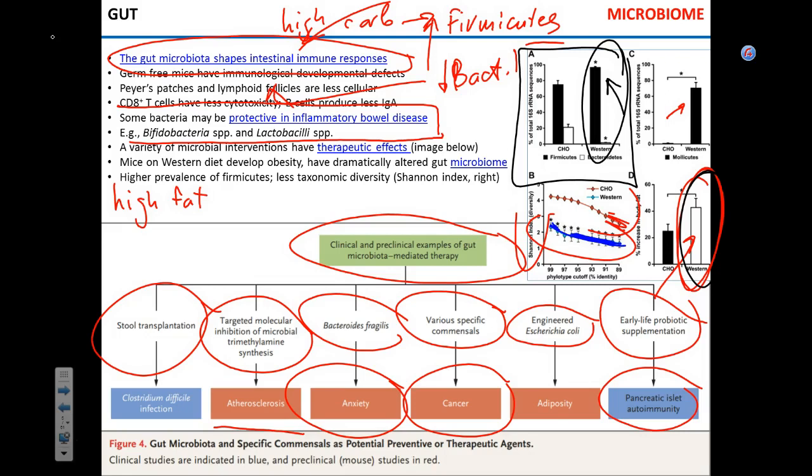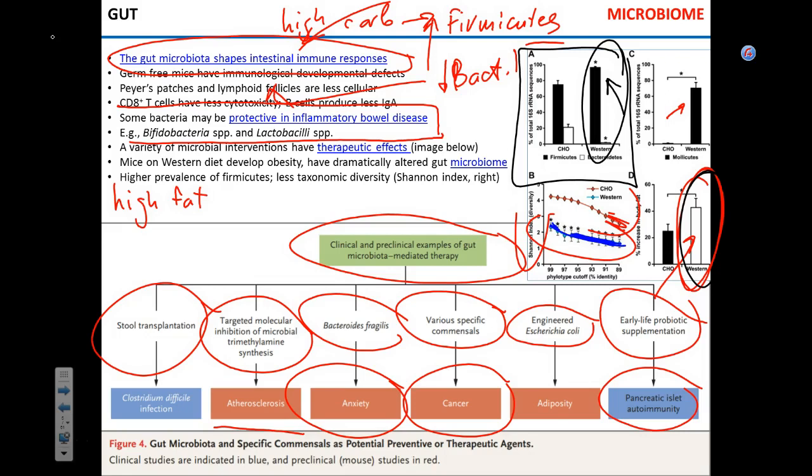A couple more things I wanted to say about these two populations, firmicutes versus bacteroides. If you take a mouse or a person who consistently eats a high carbohydrate, low fat diet, normal weight, just high carbs, and you put this person abruptly on a high fat, low carb diet, you flip the diet.